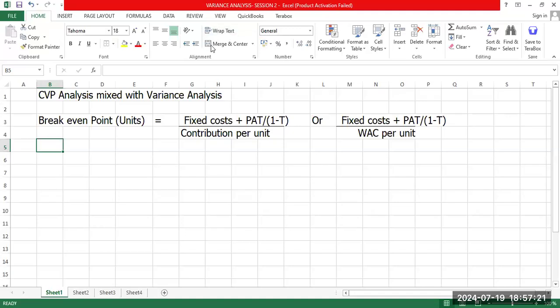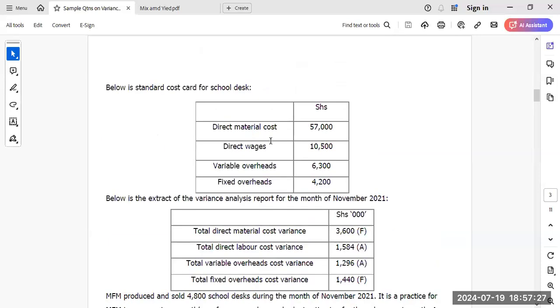So it means that you need to analyze the question now and see, how can I actually get actual information? How can I actually get, let's say, actual sales? How can I get actual direct materials? How can I get actual direct labor?